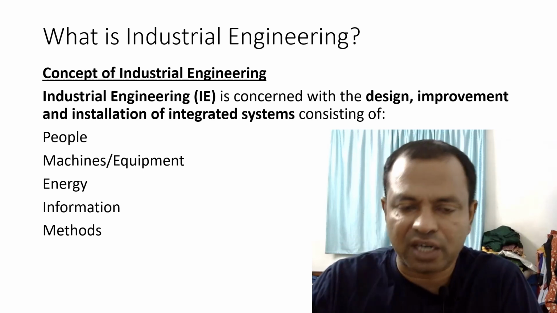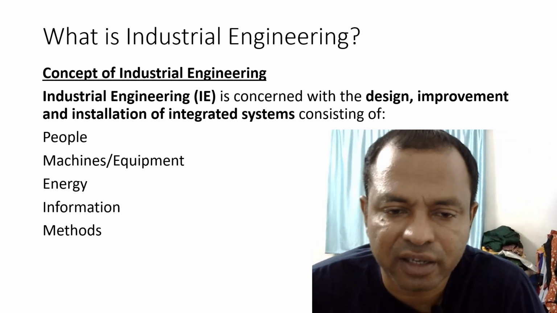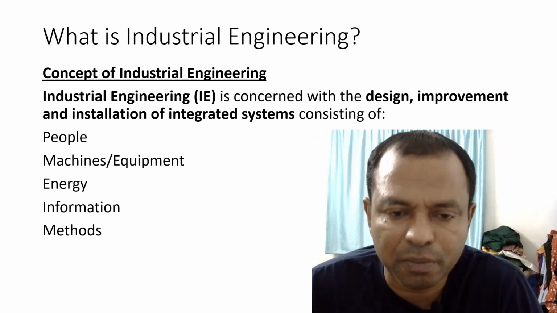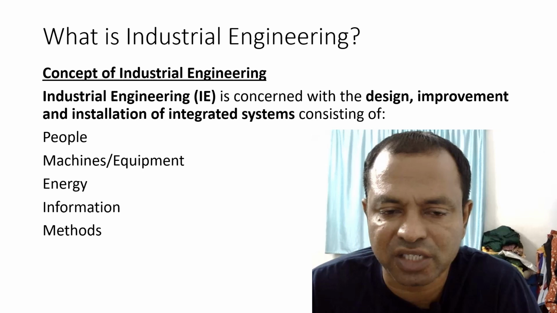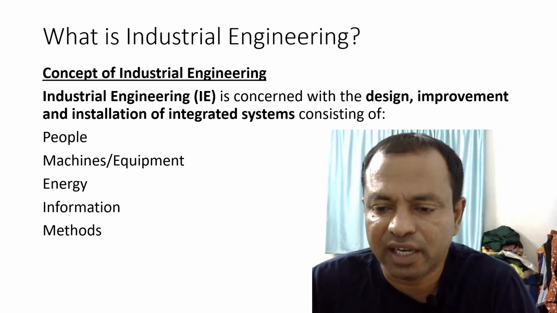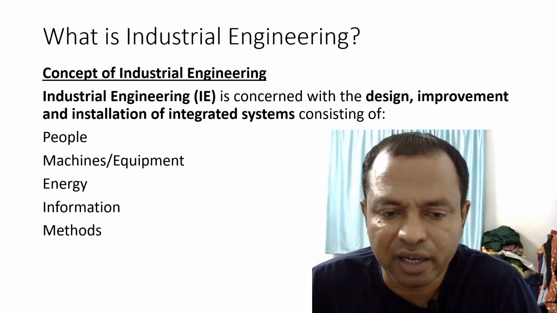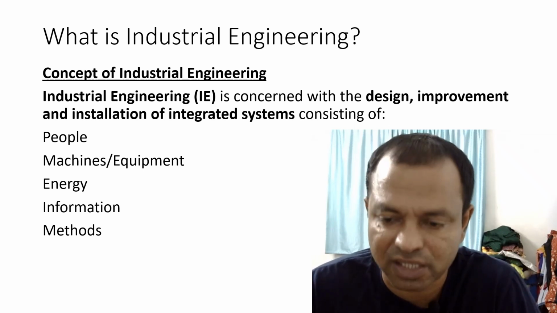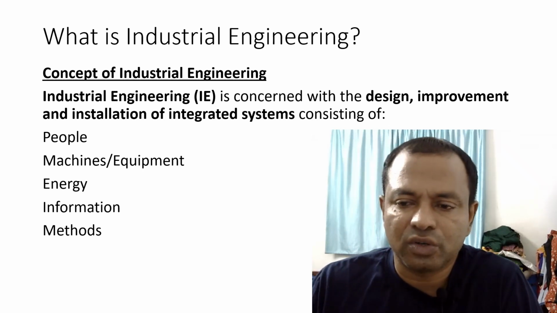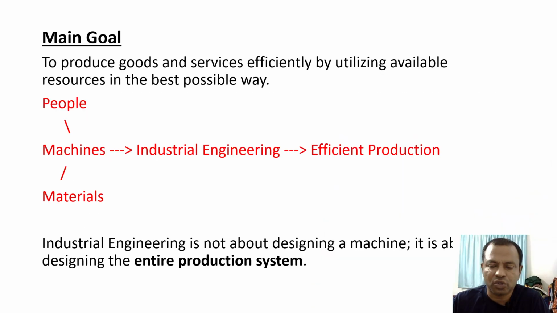So the concept of industrial engineering can be simplified like this. Industrial engineering is concerned with the design, improvement and installation of integrated systems consisting of people, machines or equipments, energy, information and methods. So the main goal of industrial engineering is to produce goods and services efficiently by utilizing available resources in the best possible way.